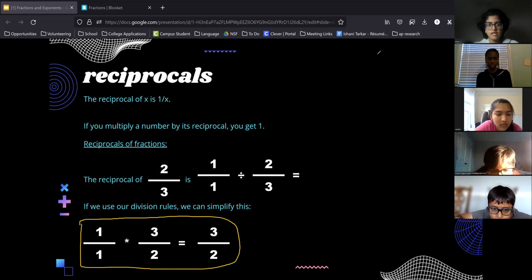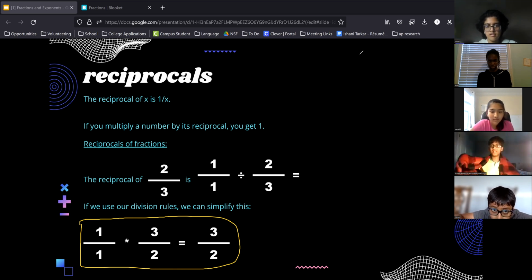So basically we're flipping the fraction, right? So if we think about division of fractions, one fraction divided by another is equal to multiplying it by that second fraction's reciprocal.